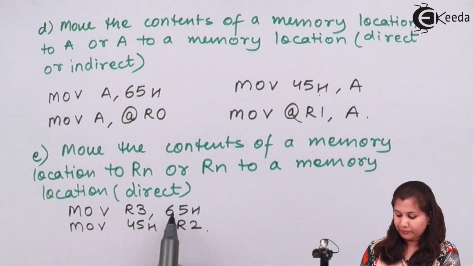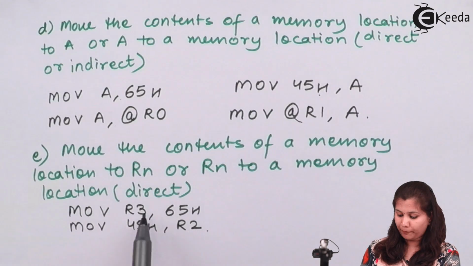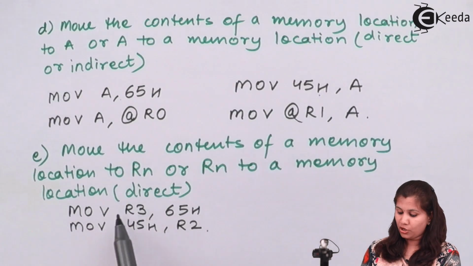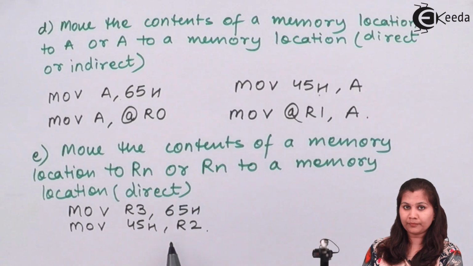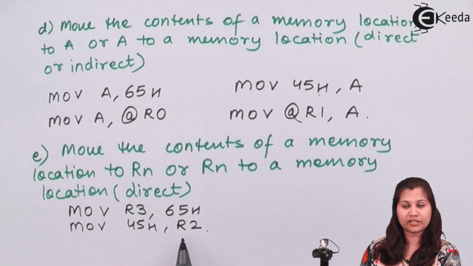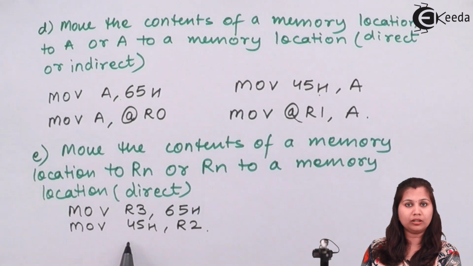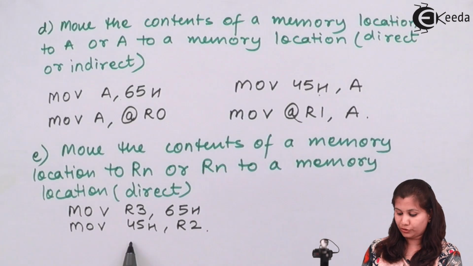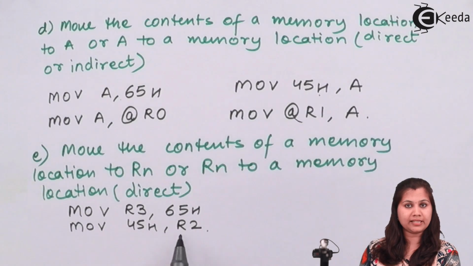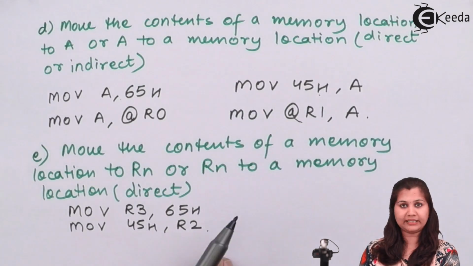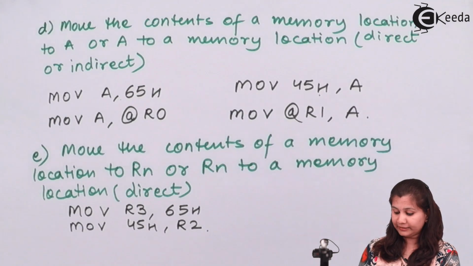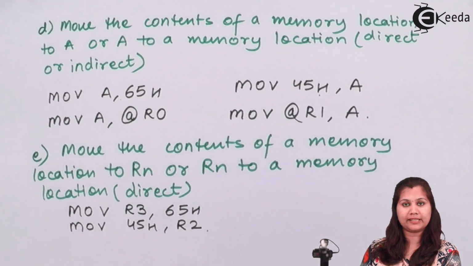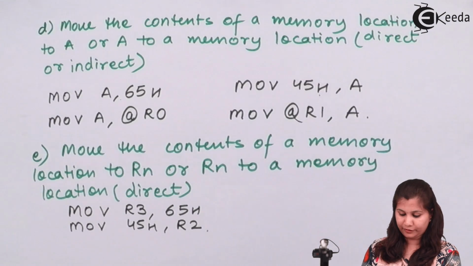So contents of memory location 65 are copied into the R3 register, or the contents of the register R2 are copied into the 45 memory location. So here direct addressing is used, no indirect addressing is here. Directly the address of the operand is given in the instruction itself.